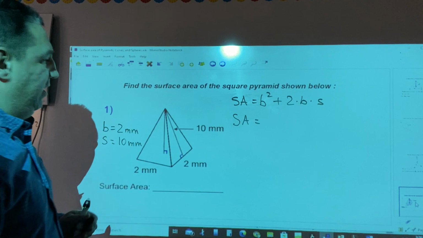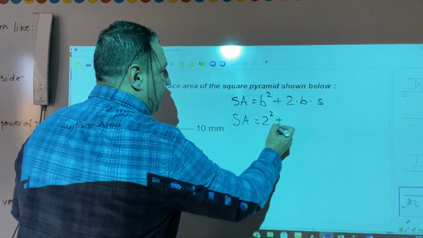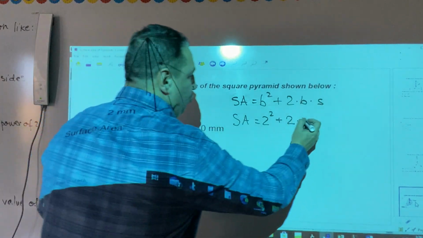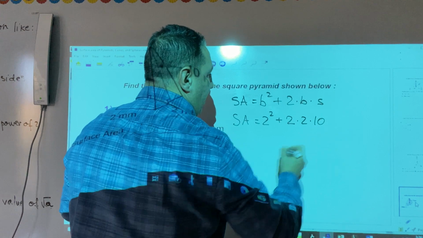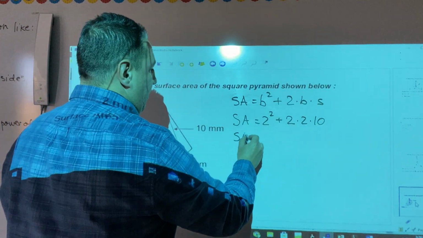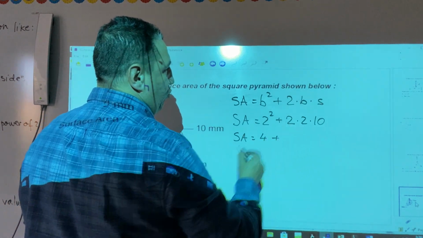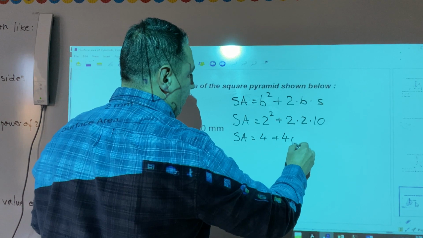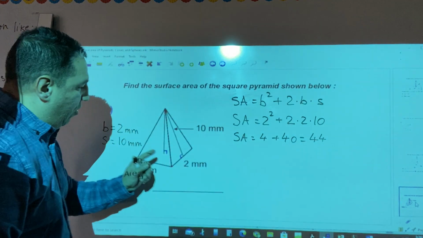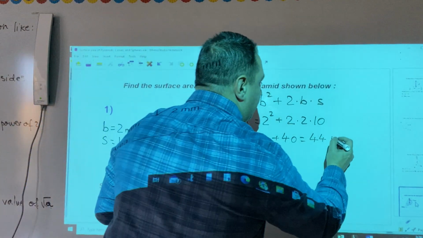So we plug it in: 2 squared plus 2 times b, again 2, times 10, which is s. So surface area would be 2 squared is 4, plus 2 times 2 is 4, times 10 is 40. 4 plus 40 is 44, and now the units: square units, or square millimeters.